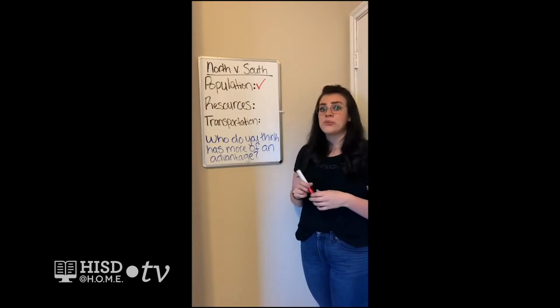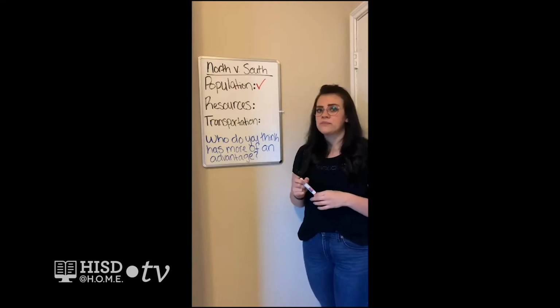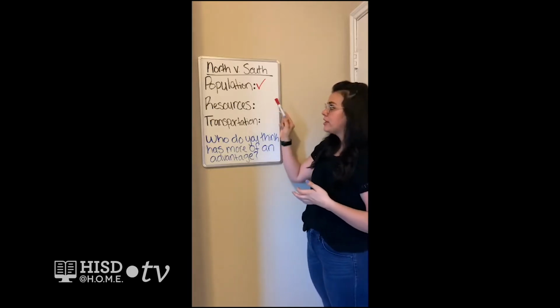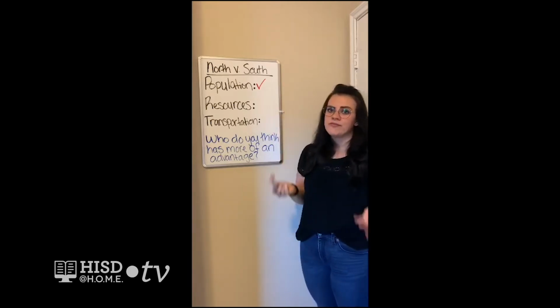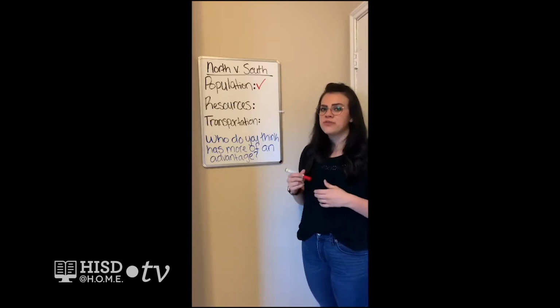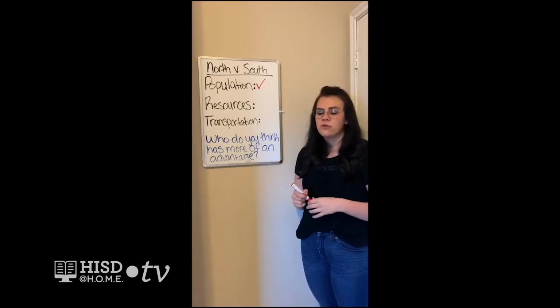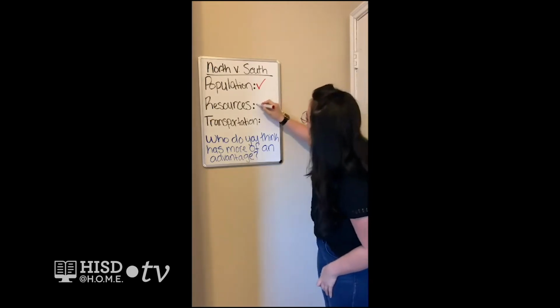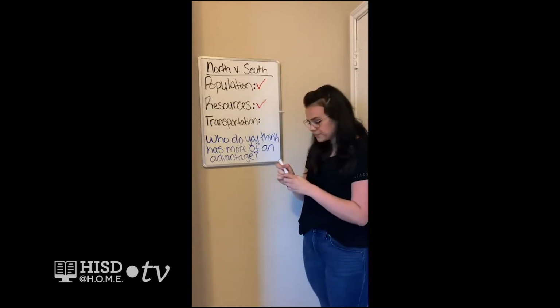If you guys remember, during the American Revolution, George Washington was having a hard time feeding all of his troops. Well, that's not going to be a huge issue now for the North, because they have factories. They have people to manufacture goods and provide other services for the military. So we're going to go ahead and put a check by resources.